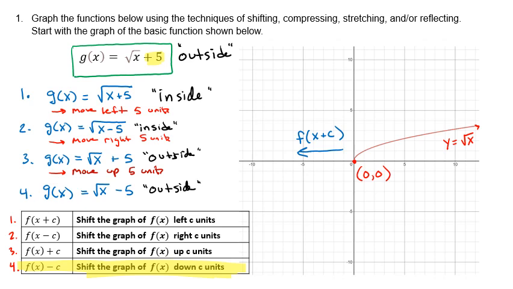When you have subtraction on the outside, you move vertically. In this case, we would move down, not up. So we'll say move down 5 units. So for this particular problem, there's a plus 5. You just go to this table and figure out which case we're working with. And that's actually case number 3. You have addition on the outside.